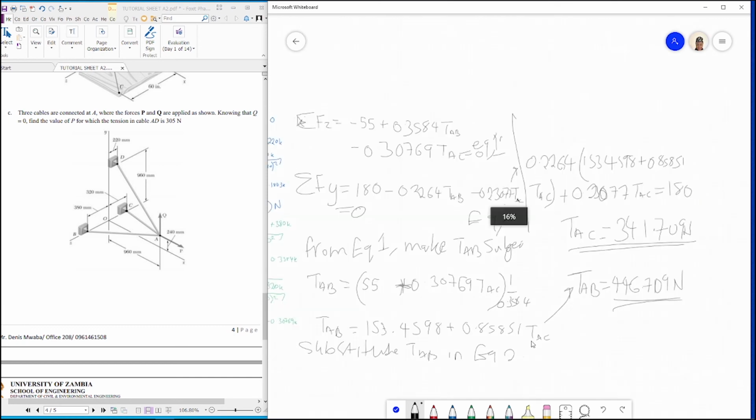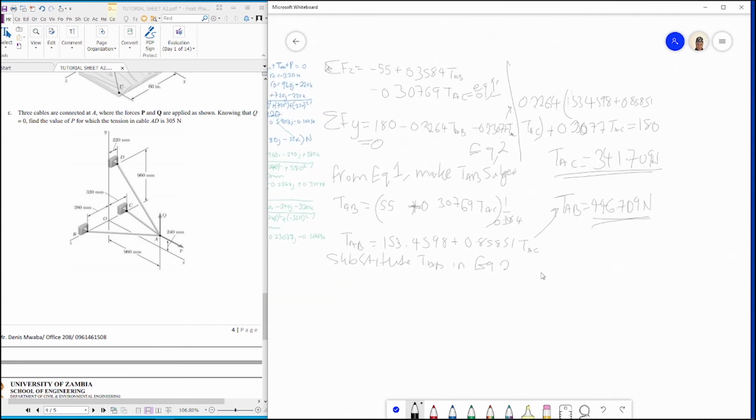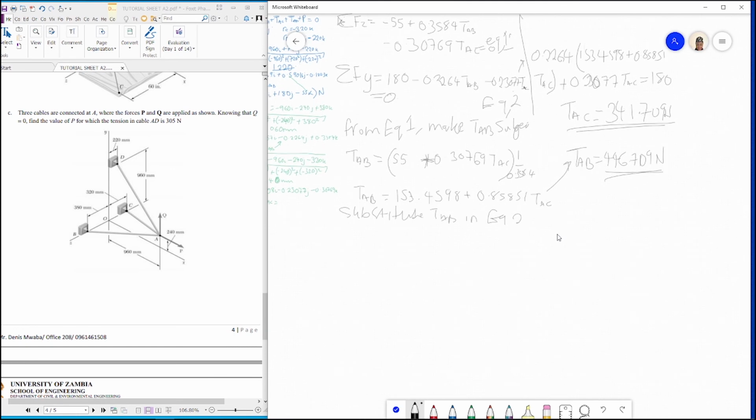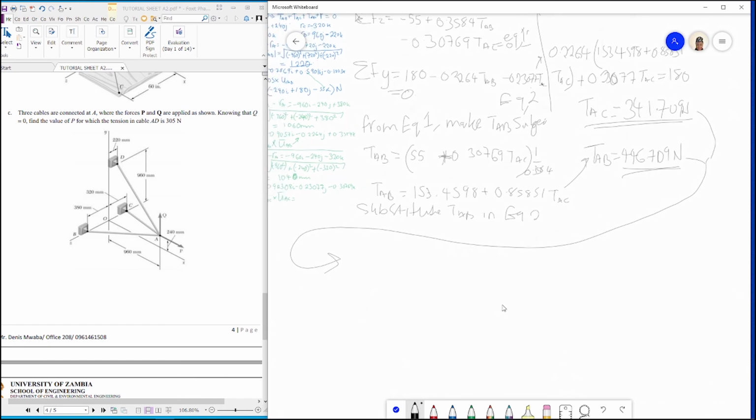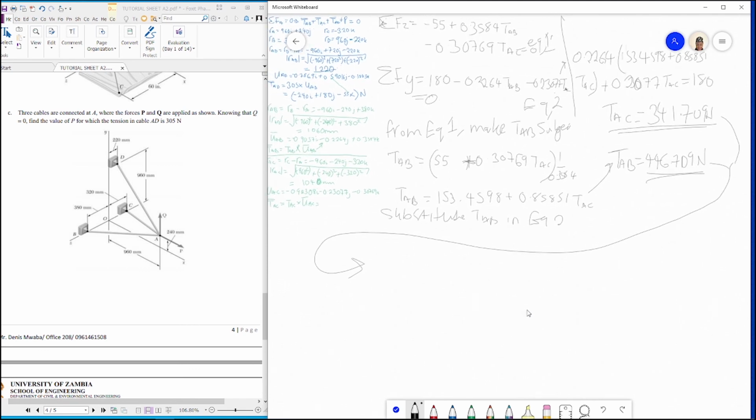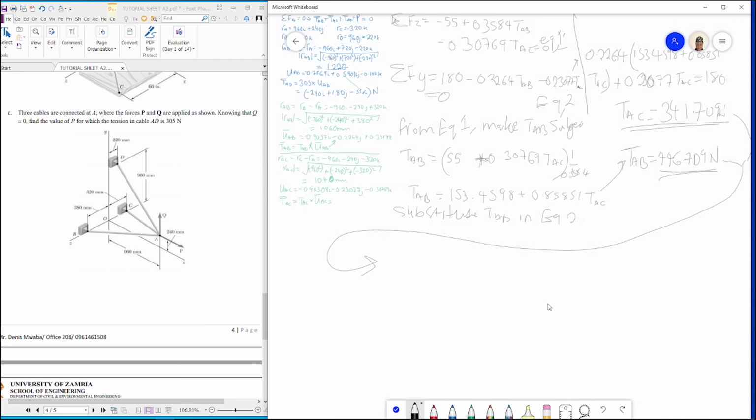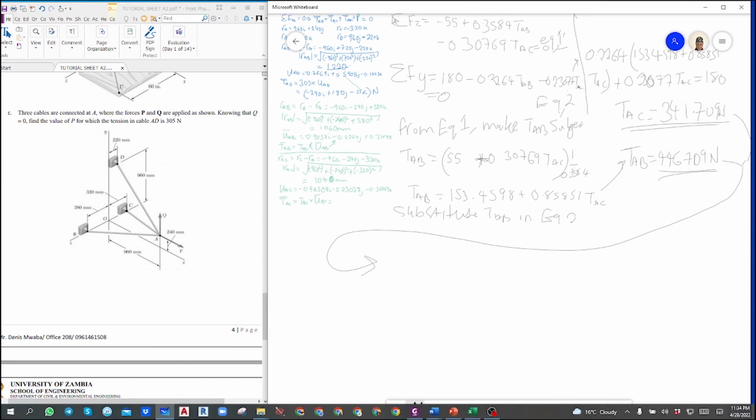Now that we have these two, we definitely need to go to the third equation to get P. We'll come with them here where we have summation of forces in the X. Let's just do that.